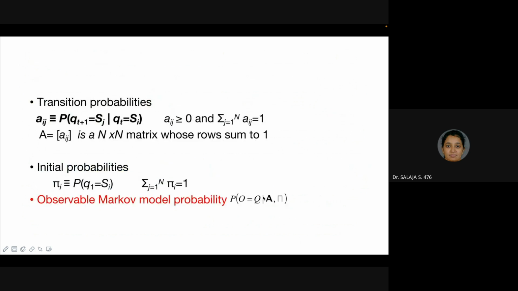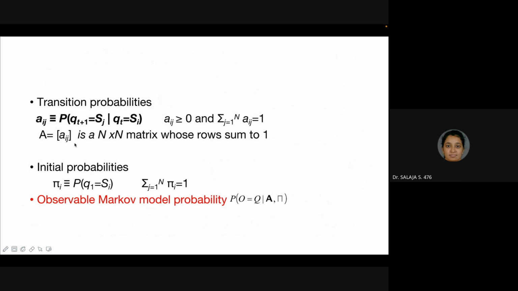There is also something called transitional probability. What is transitional probability? The system moves from state 1 to state 2 from time t to time t plus 1 with a probability of 0.01, 0.02, 0.001, and so on and so forth.